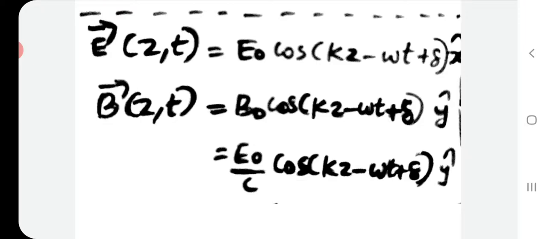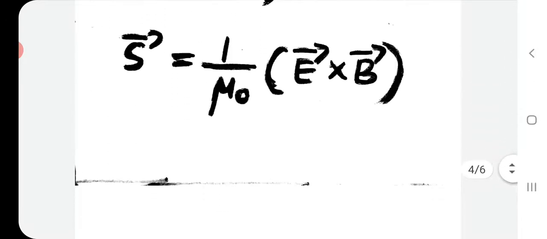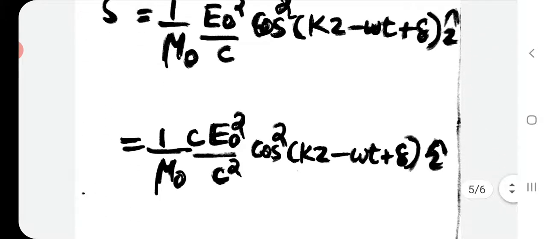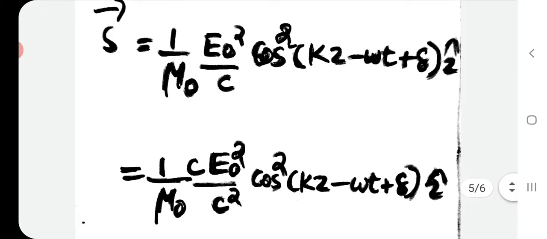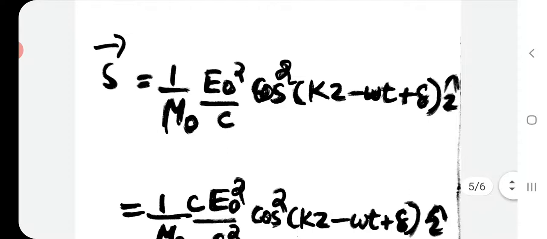So we will have a cross product of x and y, the cross product of unit vectors x and y is unit vector z. So that is equal to 1 by mu 0 E0 square by c cos square(kz minus omega t plus delta) unit vector z.